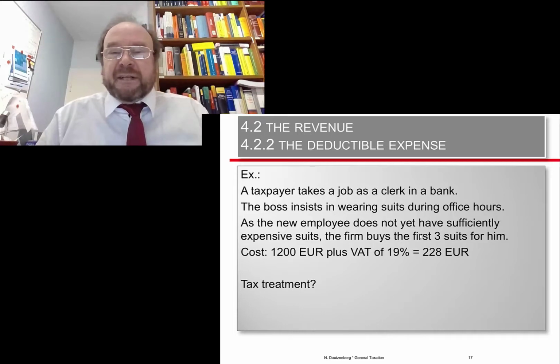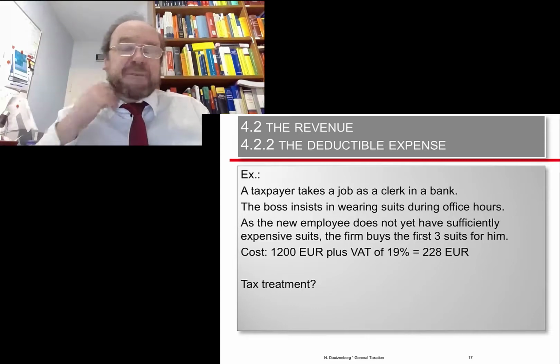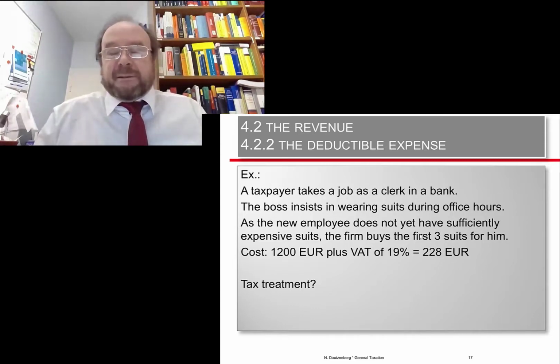By the way, did you ever observe that in some jobs people wear shirts or so where the name of the firm is somewhere to be seen? That's a natural reaction to that jurisdiction.